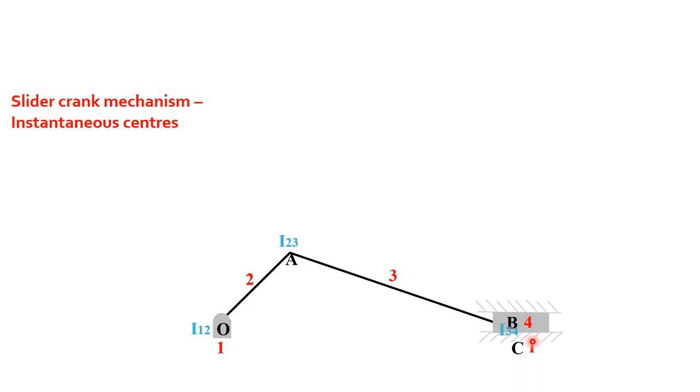So where will the center be? 1 is the fixed link and 4 is sliding along the fixed link. So I14 means, with respect to the fixed link, what is the center of 4 at that instant? Just think, because it is a translation. If translation can be considered as a rotation, where will its center be? That is the question.